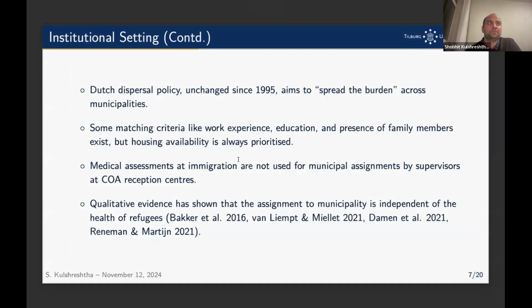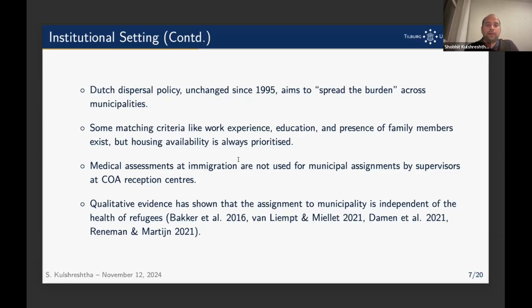And obviously, it's not just quantitative work, but qualitative evidence also suggests that this assignment is purely random. Sometimes it might also happen that people from the same family, mostly first cousins, are sent to different locations just because the housing was not available.